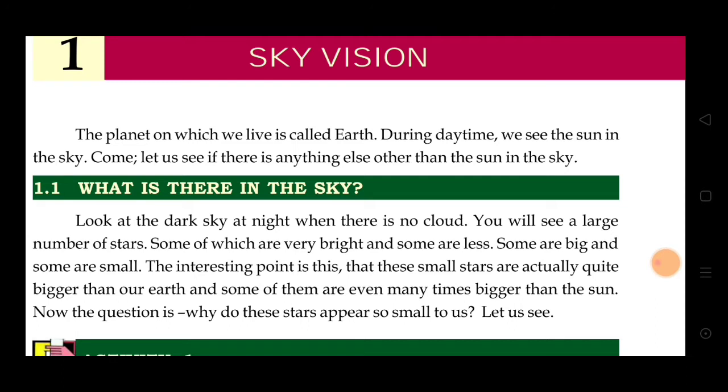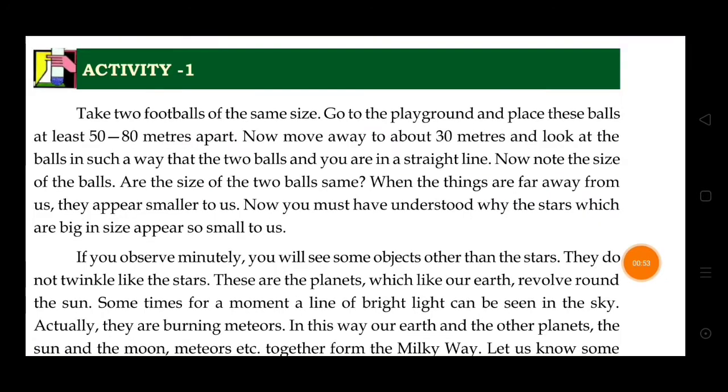So let's see further. To understand this, let's take an example. Take a football and keep it at least 50 to 80 meters apart, and you should move backwards or apart from it about 30 meters. Now look at the ball in such a way that the ball and you are in a straight line.